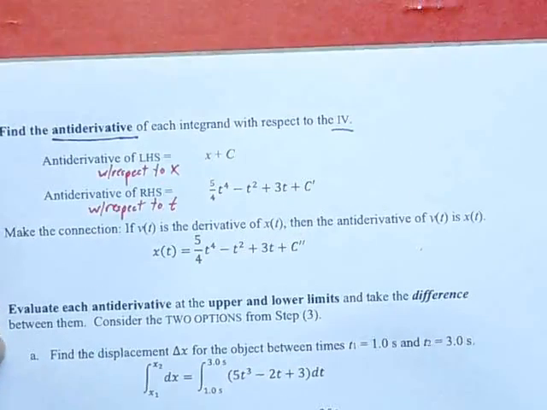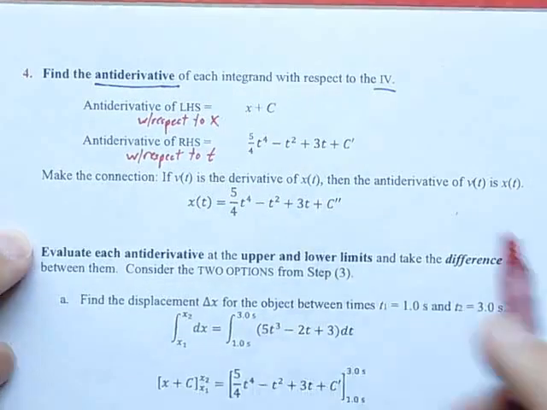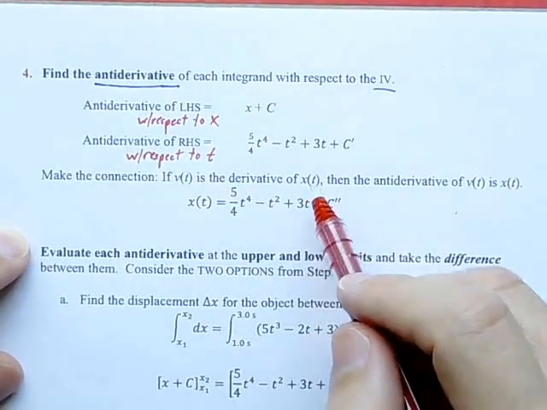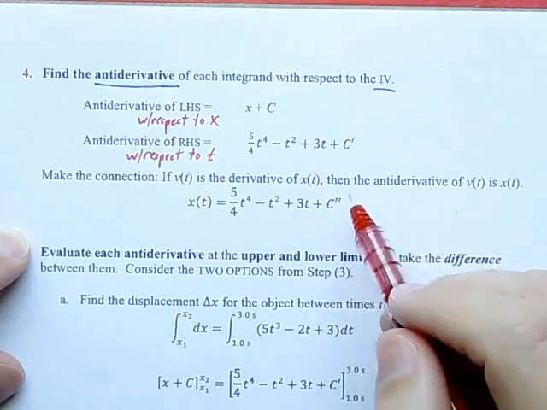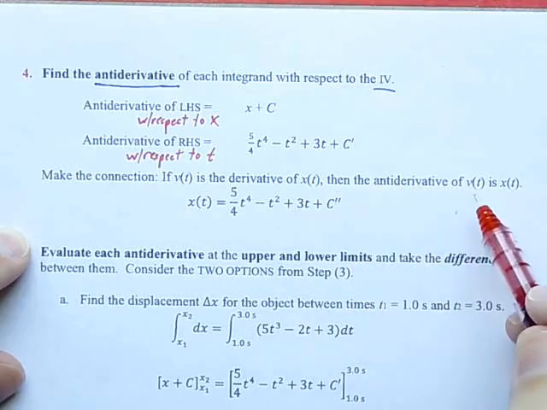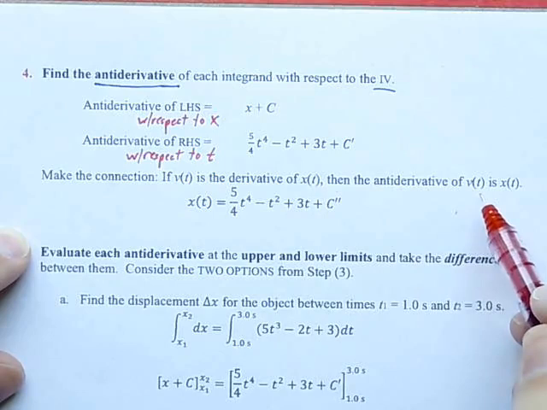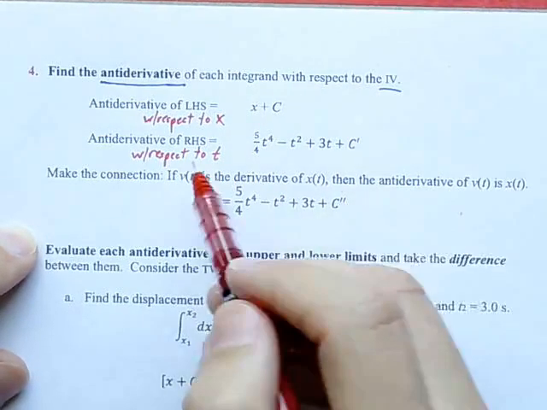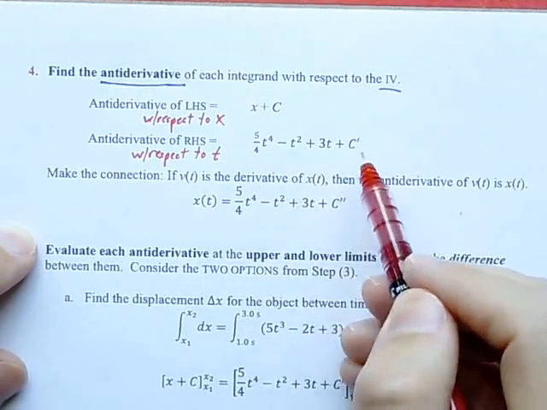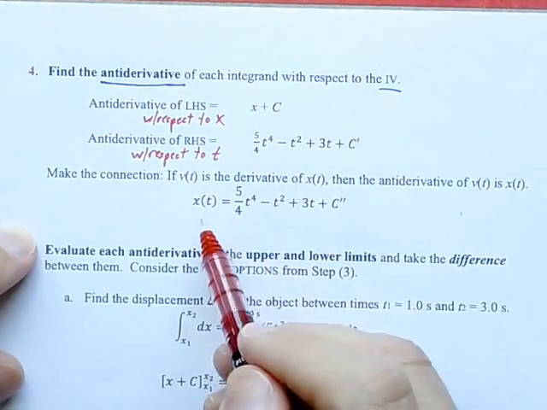And then here's the connection we have to make. If the velocity is the derivative of x, position, then the antiderivative of velocity is position. And so this function here, the antiderivative of the velocity, that must be our position function.